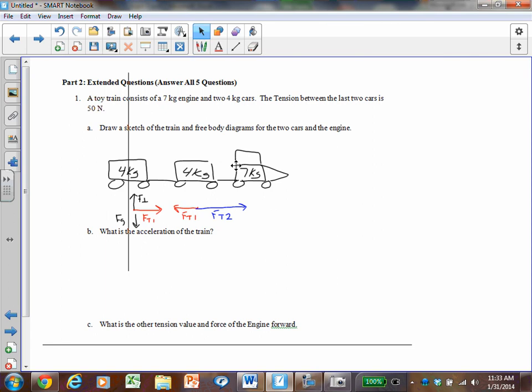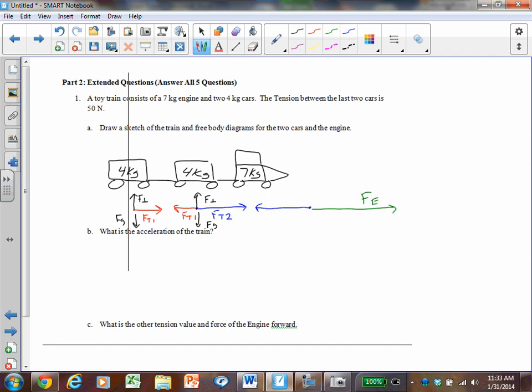And we have F perpendicular, which would be the same size as these ones over here. For the engine, we have FT2 back, but we also have a force of the engine out, like that. That's moving the whole train forward. Its F perpendicular would be a little bit bigger because it's got more mass in FG. Okay, I took some combination of that. I've tried not to grade too hard on them, but do you see that?